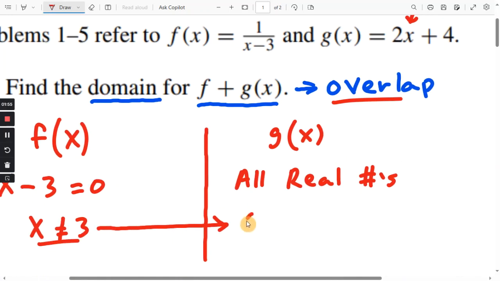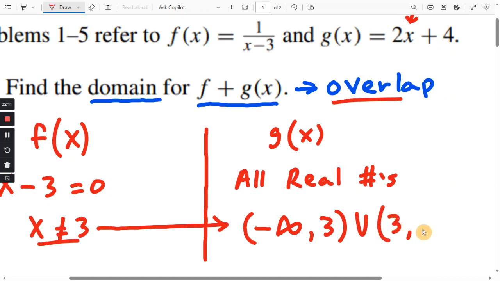So the domain runs from negative infinity to positive 3, and you use the rounded parenthesis because it doesn't include 3, in union with 3 to positive infinity.